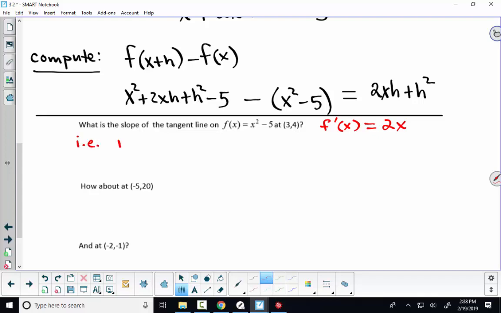That is the slope of the tangent line at any point on the function x squared minus 5.